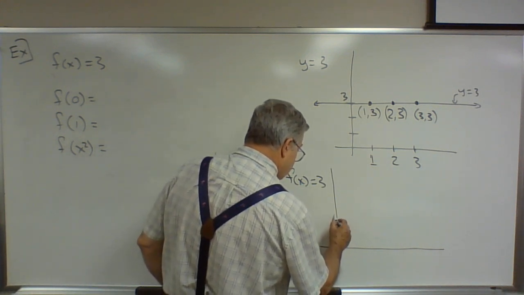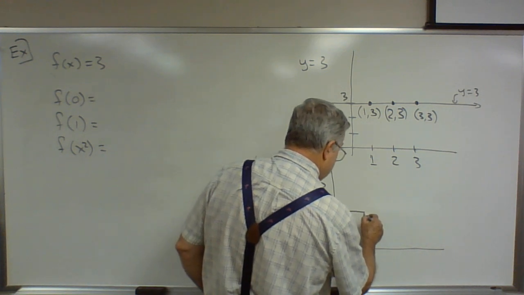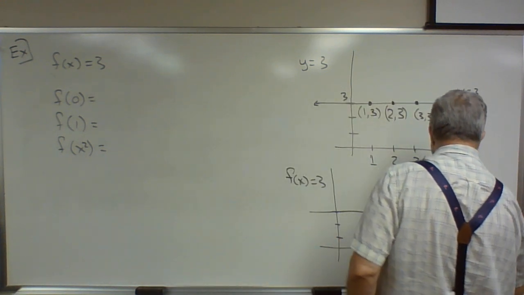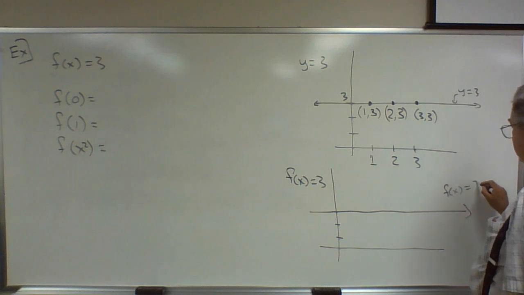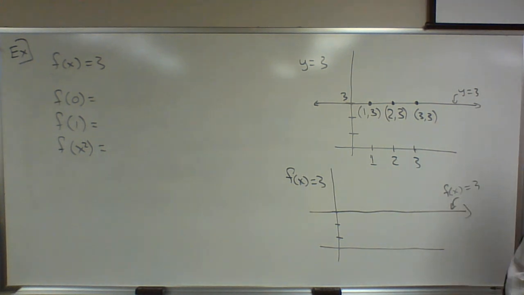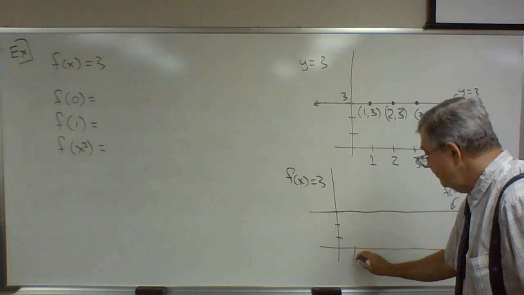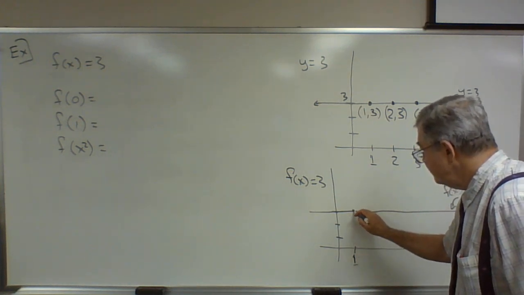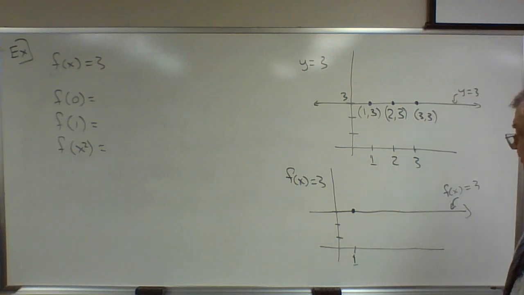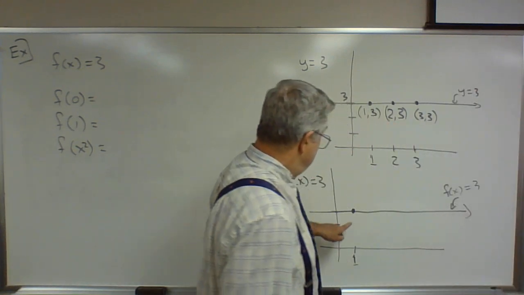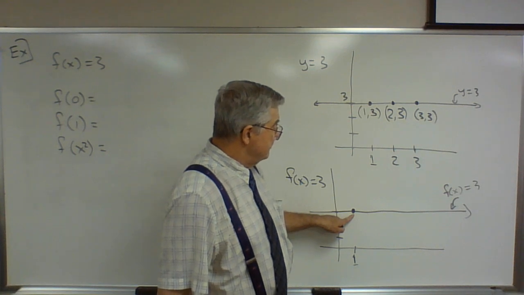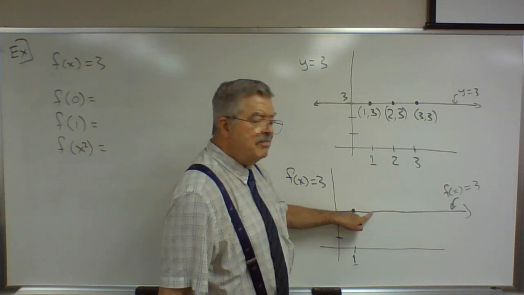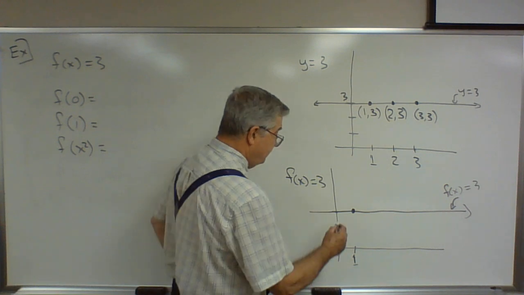So this is what the graph of f of x equals 3 is going to look like. And when x is 1, what's f of x? F of x is 3 because the y coordinate of every point on this horizontal line is 3.